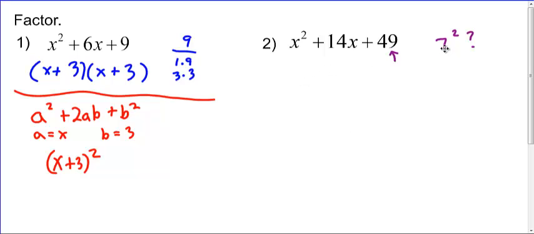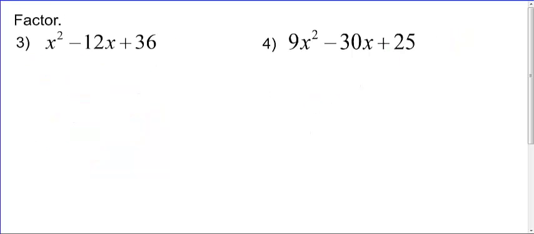Well, then I can go check the middle term. That's 2 times 7, 14, and we've got it. This, folks, is (x + 7) quantity squared. Now again, you could go back and factor like we did in the traditional method, just break it into two groups and go. But I kind of like this shorter method. I don't know about you.